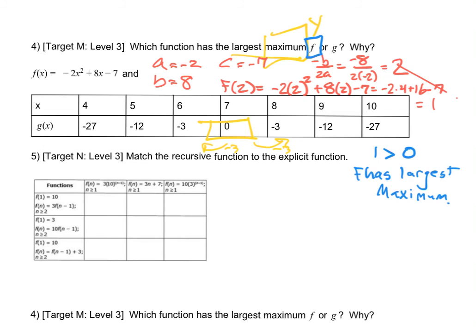So looking at these recursive formulas, so I said the bottom one here, first term is 10, that sounds a lot like it's not quite the y-intercept, although it sounds like it. So first term is 10, but you're adding 3 each time. Well, that's a constant rate of change, so that should be a linear function since there's only one linear. Seems like the middle down here is a good choice.